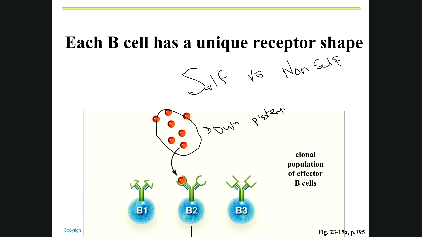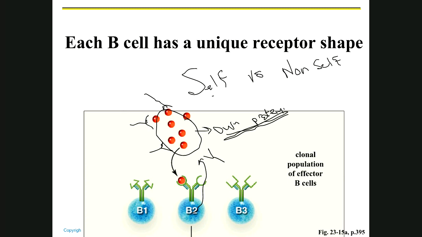And if it matches, this B cell is going to go through steps until it gets ready to produce antibodies that are going to attack this. Would you want to attack this? Look, it's self. It's your own protein. Would you want to attack it? If you do, you're going to get an autoimmune disease. You're going to get sick. You're going to destroy some tissues.